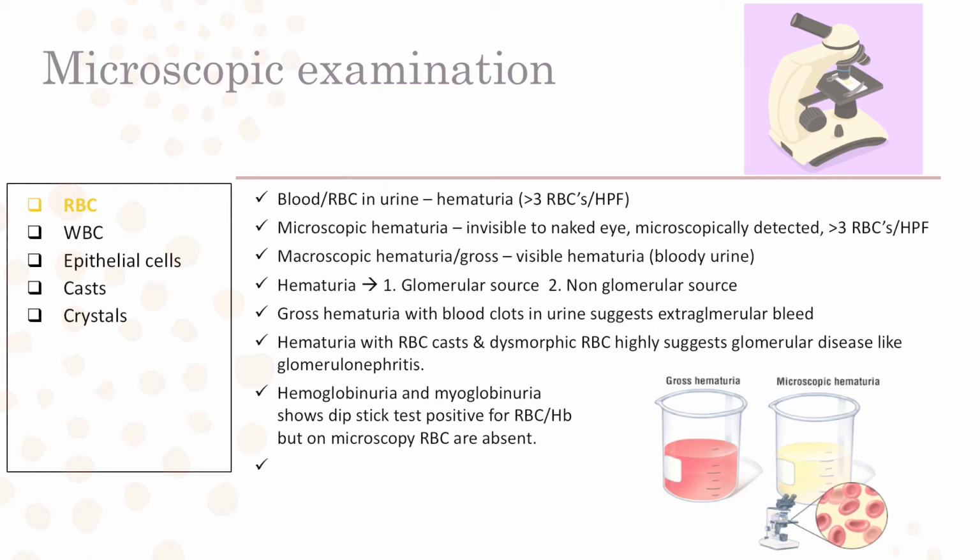Gross hematuria with blood clots is seen in extraglomerular bleeding. Whenever there is bleeding outside the glomeruli, whenever blood leaks into the urine, there is presence of blood clots in the urine. So if gross hematuria consists of small blood clots, then we say that the source of blood is extraglomerular.